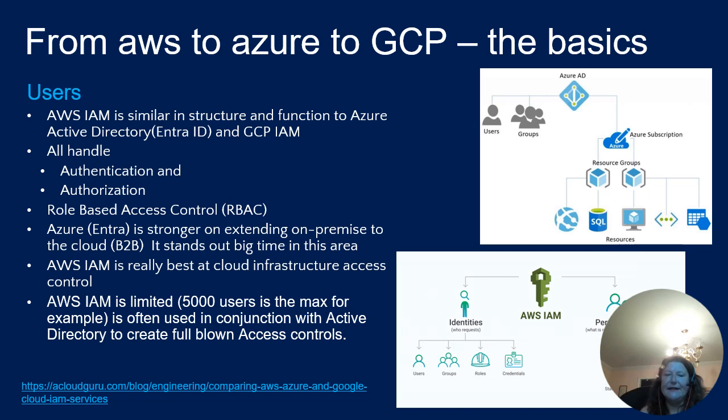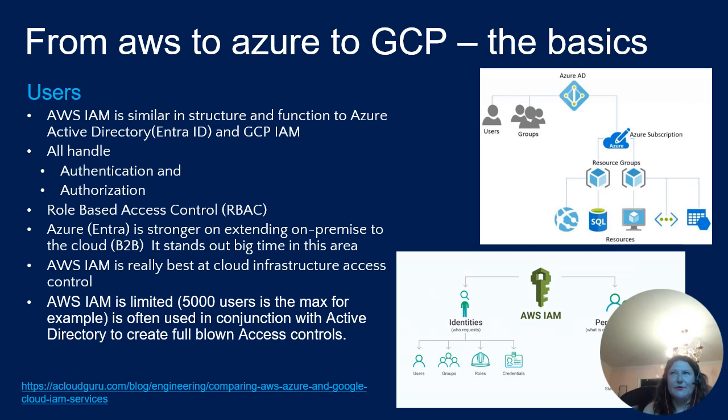Entra ID provides just about everything to do with identity and identity access management that you're ever going to need. Okay. Now, some people in AWS or Google Cloud use another provider to add on those benefits of Azure Active Directory, of Entra ID.